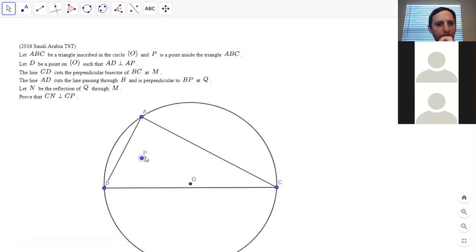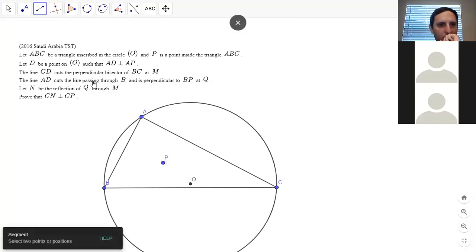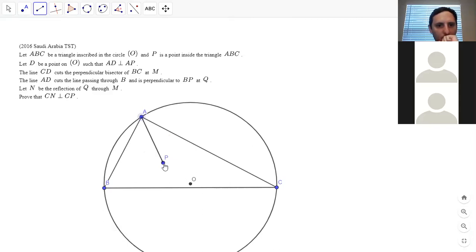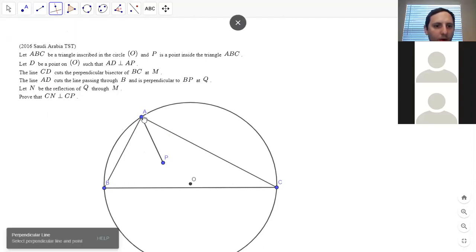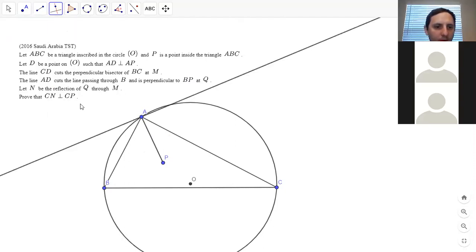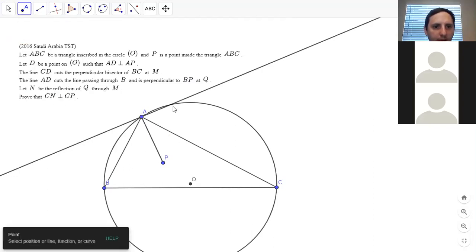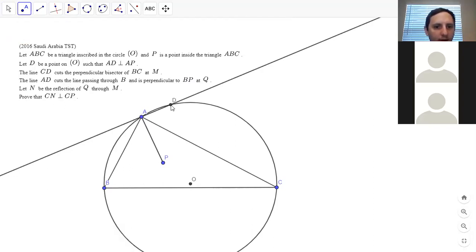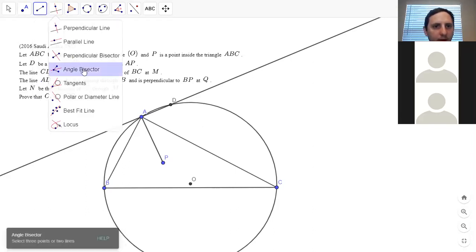Just trying to move P so it doesn't look like it's on an altitude. That's weird. The only thing it says about point P, oh, there's one more, P is used there too. Okay. So this is a point D, and then CD intersects the perpendicular bisector of BC.